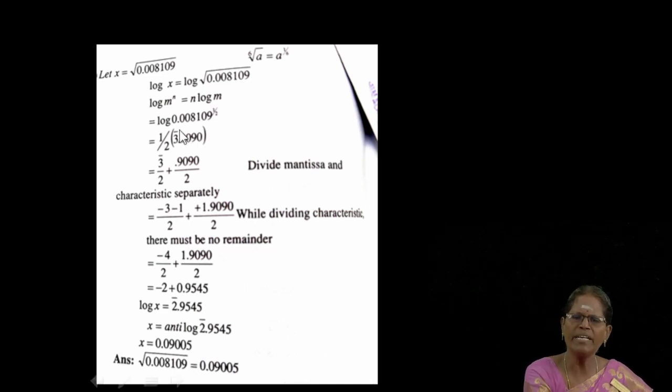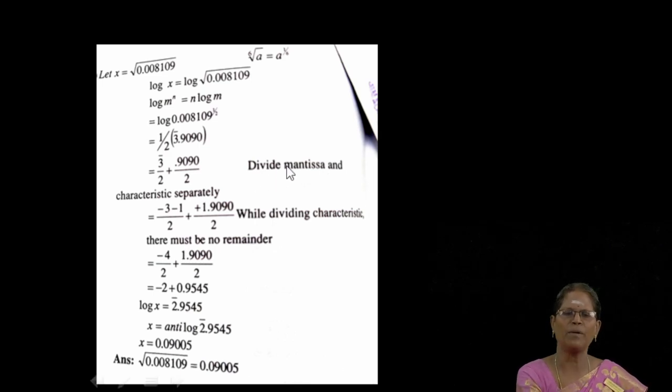So we have found just a log value. But it should be multiplied by 1 by 2, isn't it? So what should we do? We should do it separately for the mantissa and the characteristic. See, the characteristic is minus 3, so minus 3 by 2. The mantissa is plus 0.9090, so divided by 2. See, when we are dividing the characteristic, the answer should be a round number.